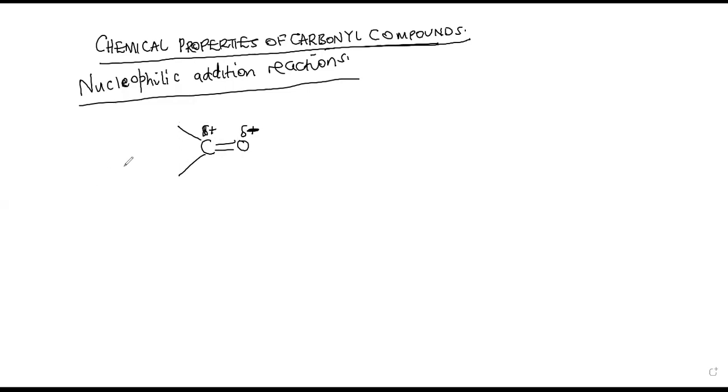So you would say this is due to the high electronegativity of the oxygen atom, and thus electrons in the carbon-oxygen double bond are attracted more towards the oxygen atom, resulting in a partial negative charge on the oxygen atom and a partial positive charge on the carbon atom. This makes the bond polar.